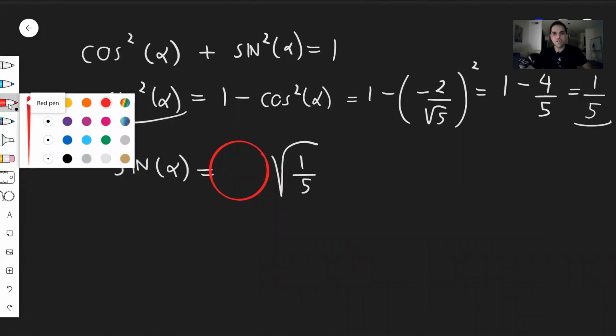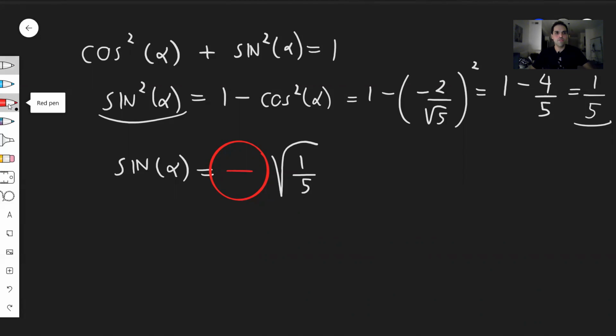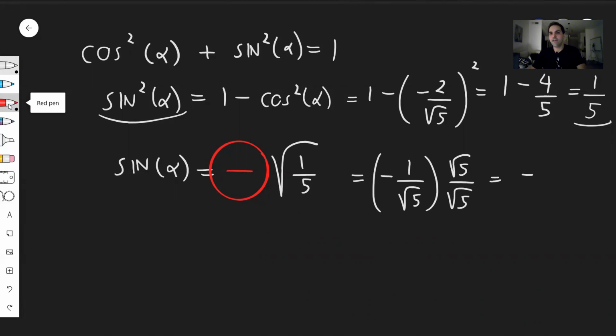All right, very good. And then what you're left with is minus 1 over square root of 5. But again, rationalize the denominator by multiplying by square root of 5. And I think you're left with minus square root of 5 over 5.